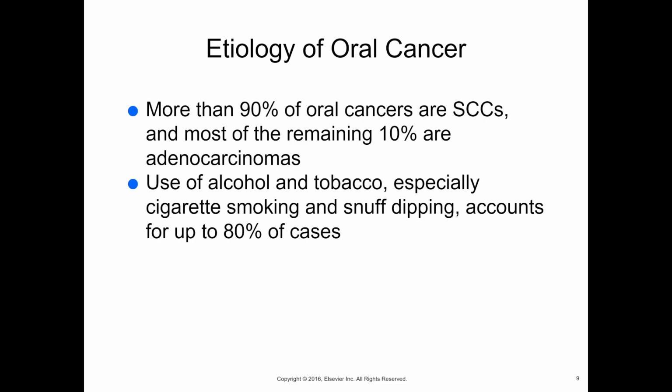Those are a massive number of cases, but human papillomavirus that we talked about as a potential causative factor for cervical cancer is also a causative agent for oral cancer as well.